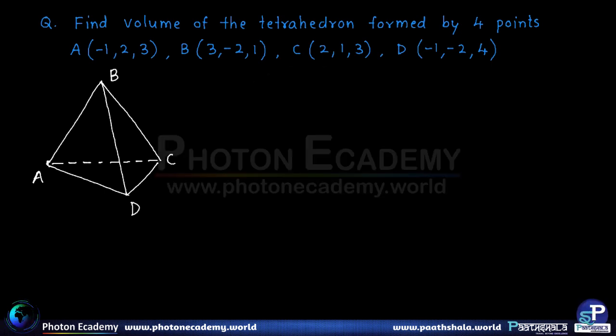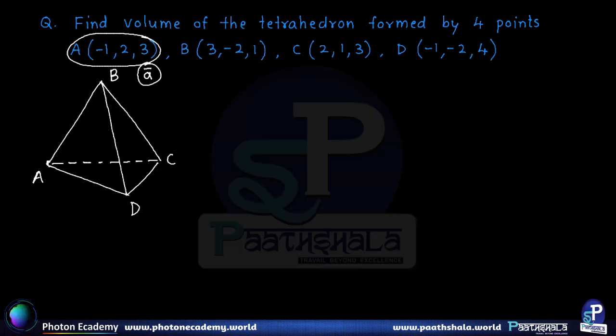Now here we have to be very careful, because the position vector of A, which we normally show as A bar in lowercase, is not the same A bar as we use in the box product to calculate the volume of the tetrahedron. In the volume formula, A bar stands for one of the three vectors, the three sides which have a common point.